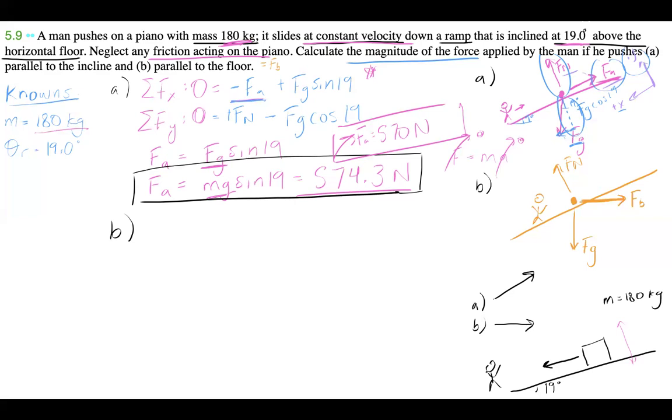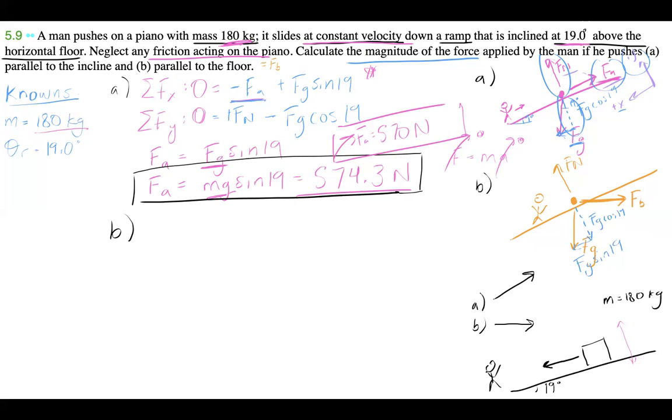Cool. So again, we're going to use this exact coordinate system that we already set up for ourselves. And we want to solve for FB. So again, we're going to have this component over here be FG cos 19, and this is going to be FG sine 19. And then we also have to do that with this FB, right?